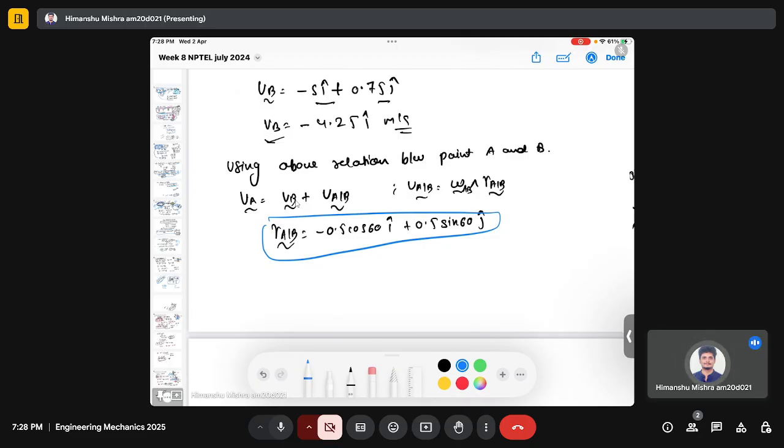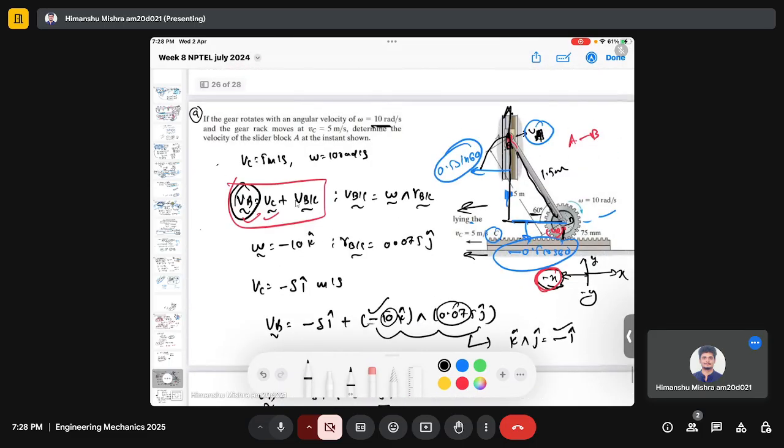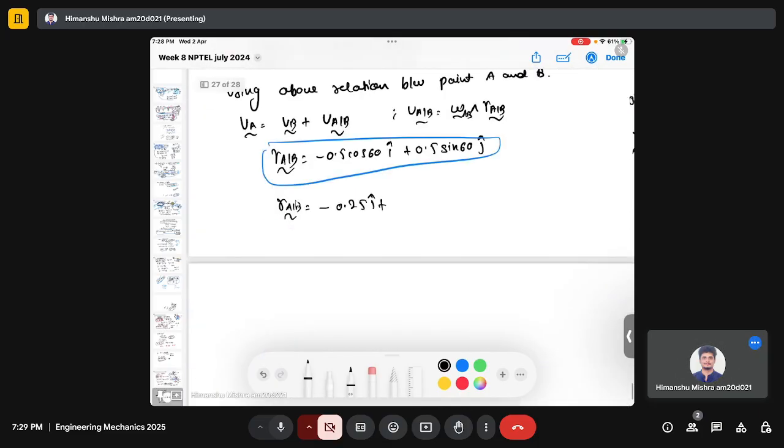We can simplify this further and solve this. So this will be minus 0.25 i, sorry, this was 0.5 meter, not 1.5, plus 0.433 j.